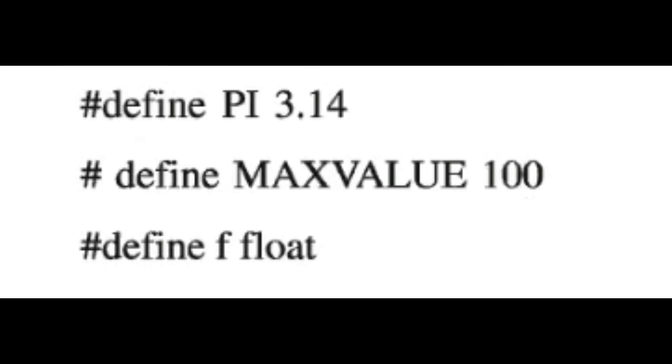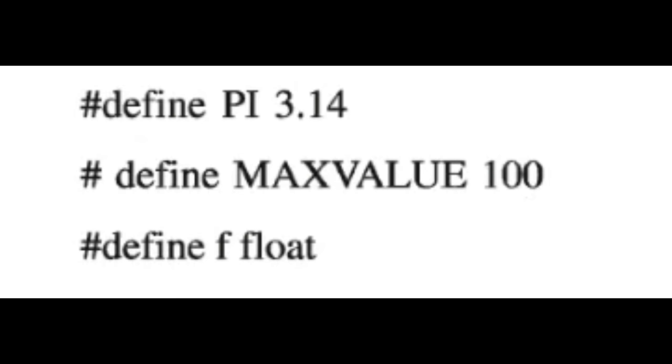In the same way, hash define f float. When we are creating a variable, we are giving a data type. So for that we type int for integer, float for float, like that.